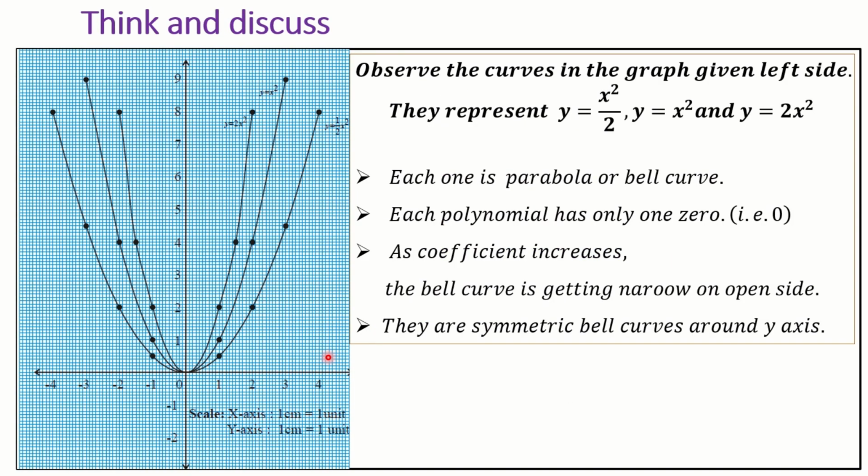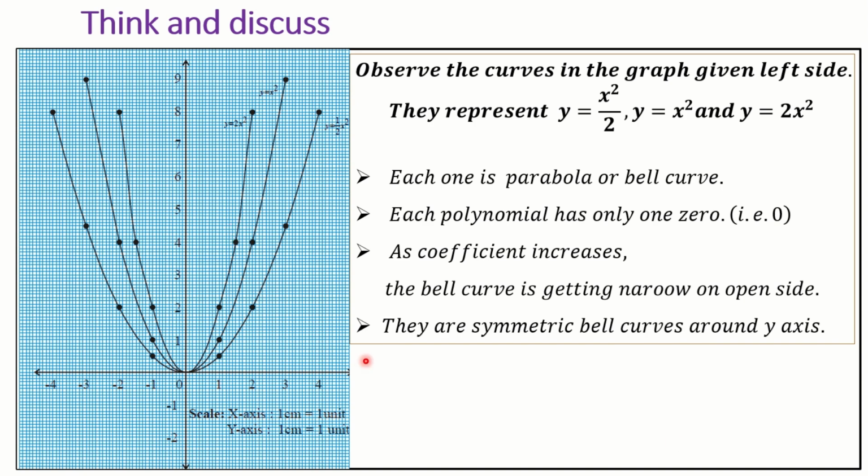Now just to look at the graph actually. These are the graphs for y equal to x square by 2, y equal to x square, y equal to 2x square. If you see, the coefficient is half here, coefficient is 1 here, coefficient is 2. See how the one with coefficient half is wider. As the coefficient is increasing, the open side of the parabola is getting closer.